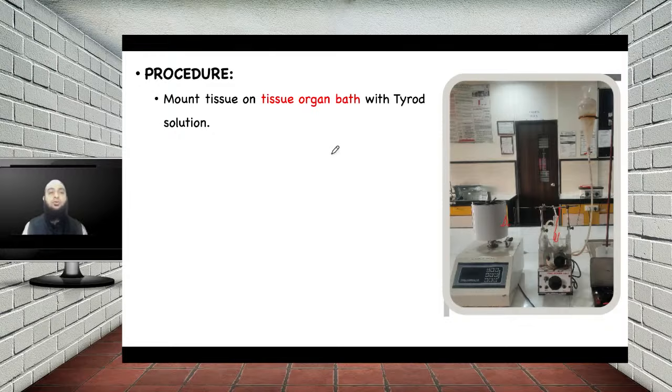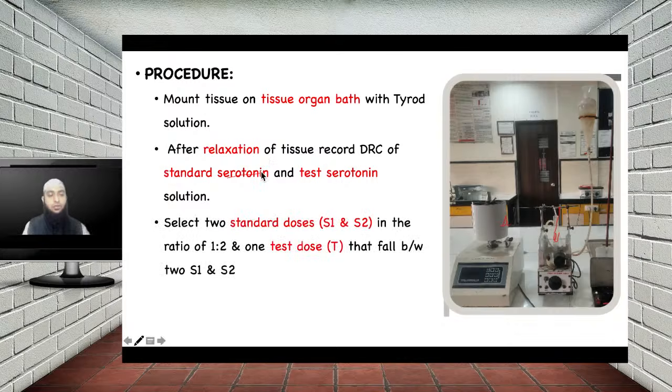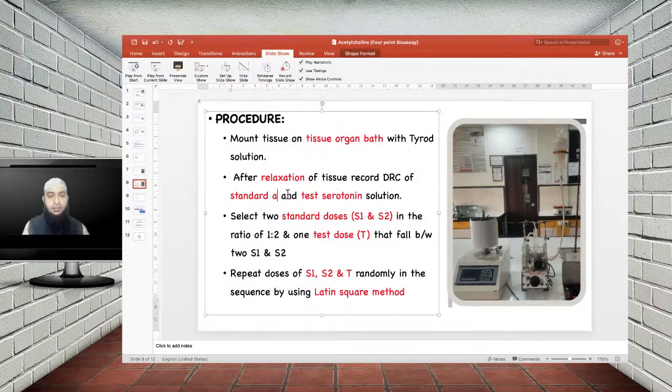So you have to mount the tissue on the tissue organ bath with the thyroid solution, and after relaxation of the tissue you can record the DRC of the standard, not serotonin, let me correct it. It is basically the acetylcholine solution. Okay, so you are taking the DRC of your standard acetylcholine solution, and then you are taking the DRC of your test ACH solution.